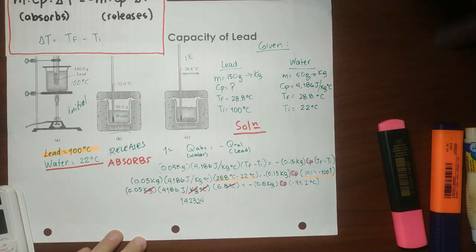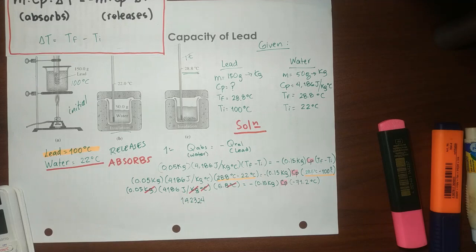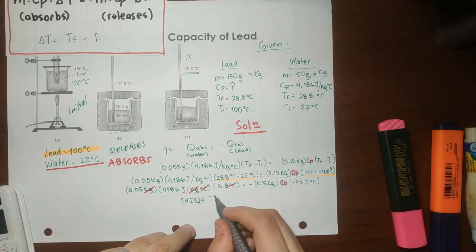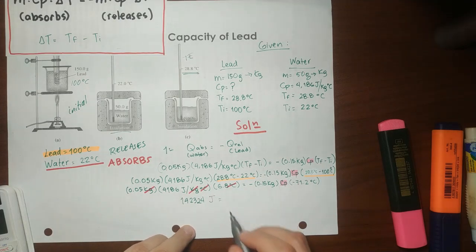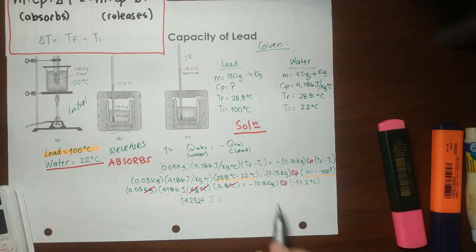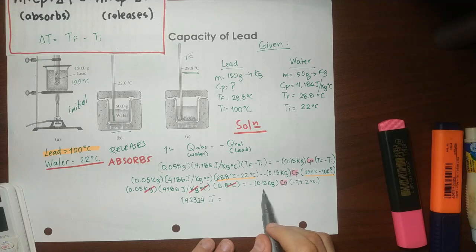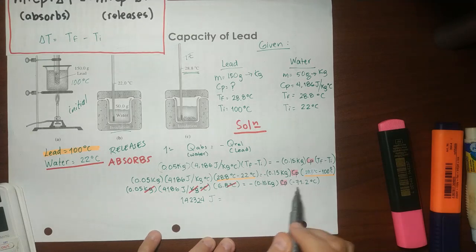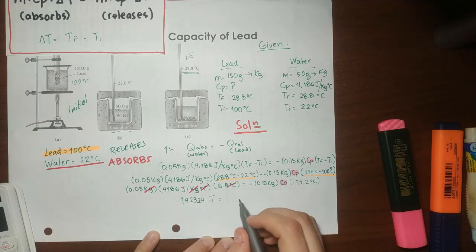So Q, it's heat, and heat is measured in joules. This is going to be equal to the other side of the equation. 0.15 times 71.2, both of them negative, gives you positive.